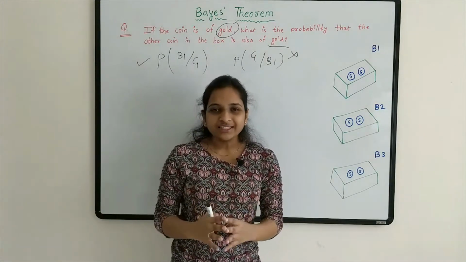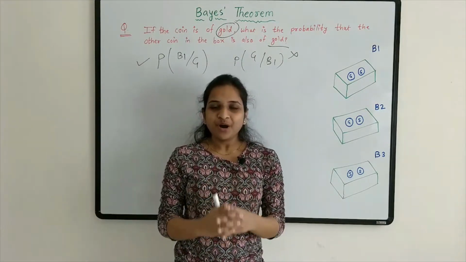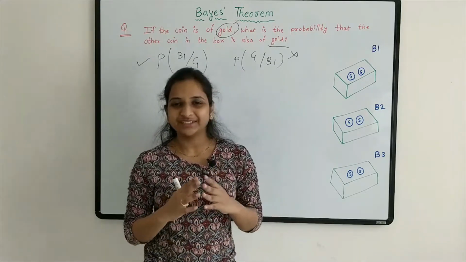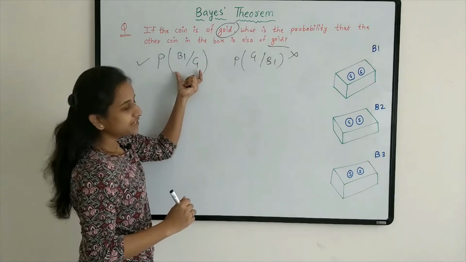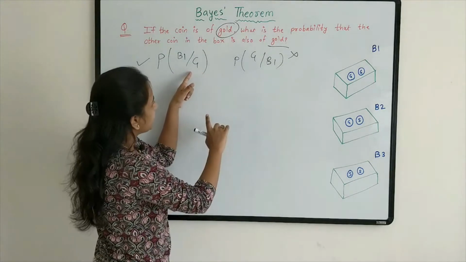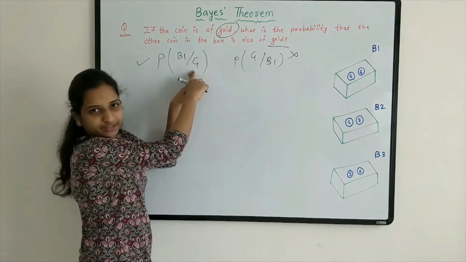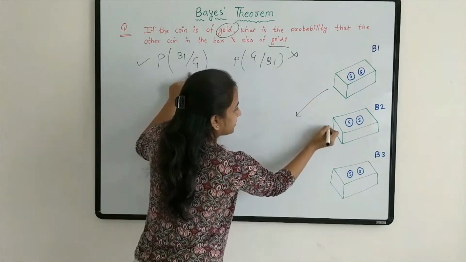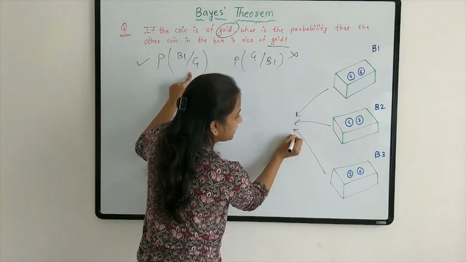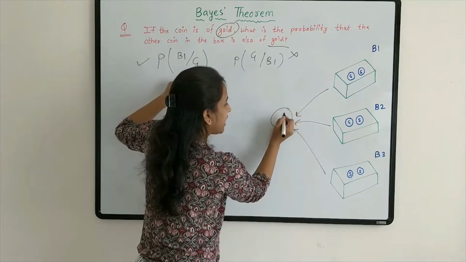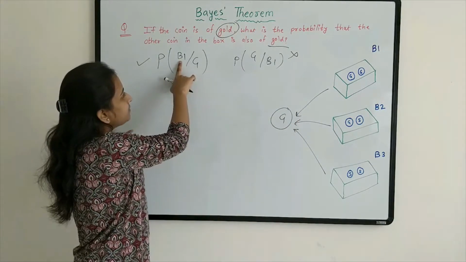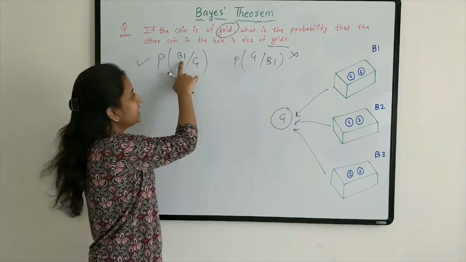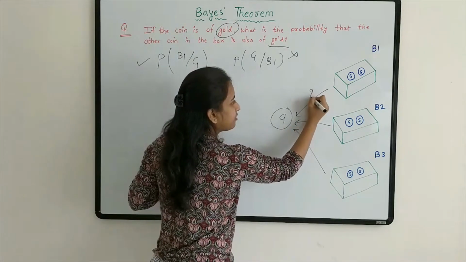Now, either this is a conditional probability problem or Bayes theorem. Let's find it out. See, what does this mean? A coin is taken out and it is of gold coin. Coin from either of the boxes is taken out and it is of gold coin. This is already known. What is the probability that it is from B1? Means we have to find this.